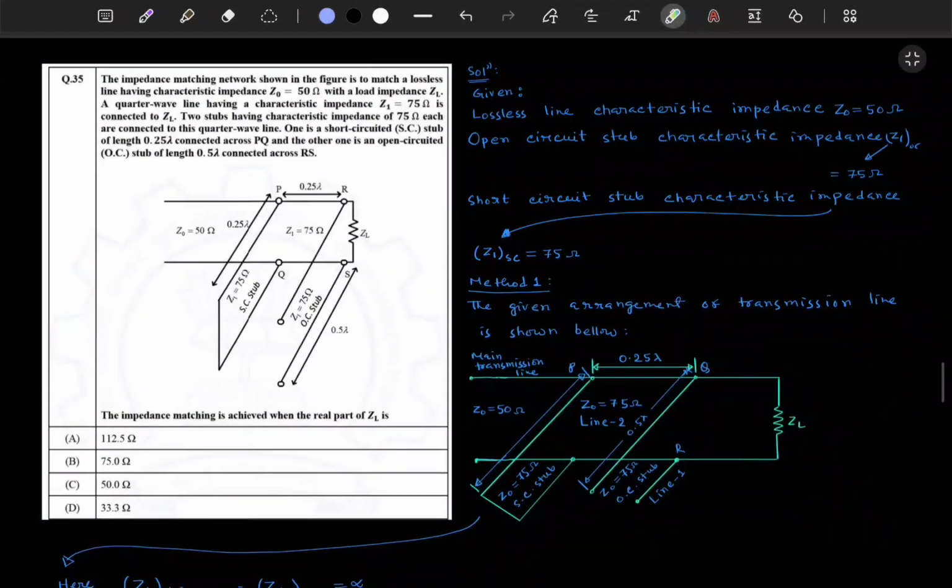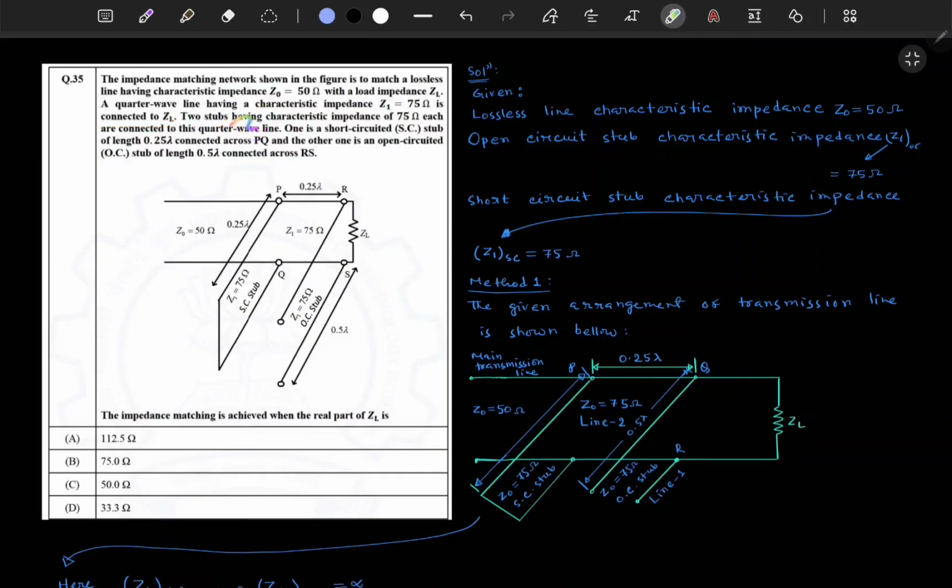Question number 35. The impedance matching network shown in the figure is to match a lossless line having characteristic impedance Z0 equal to 50 ohm with a load impedance ZL. A quarter wave line having a characteristic impedance Z1 equal to 75 ohm is connected to ZL.